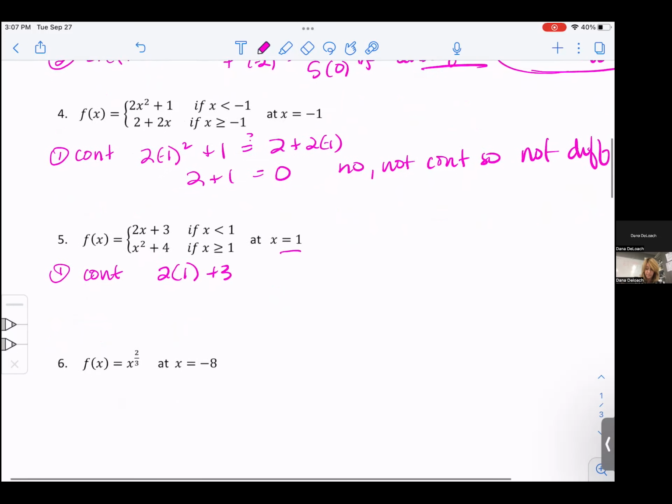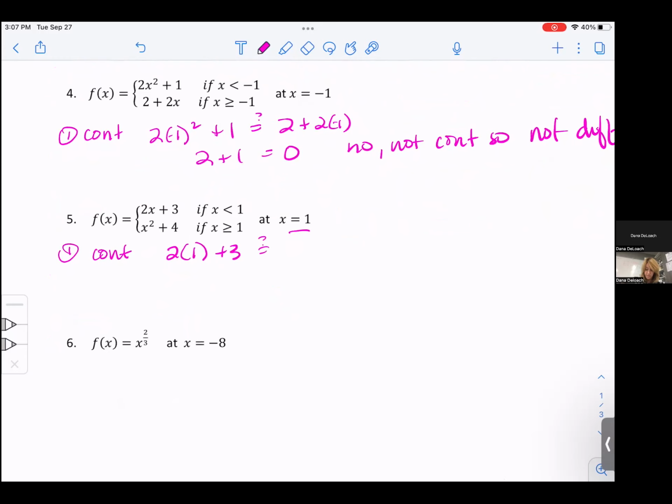Okay, so here we're doing it at +1, and we're asking, does that equal 1 squared plus 4? And so you get 5 equals 5, so it is continuous. So now I check differentiable, which means the slopes from the left and the right have to equal each other. So f prime of x from the left is just 2, and f prime of x from the right is 2x.